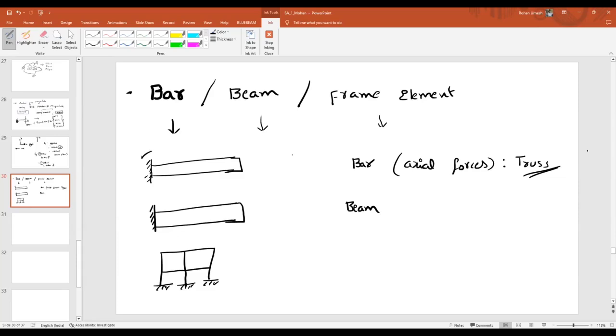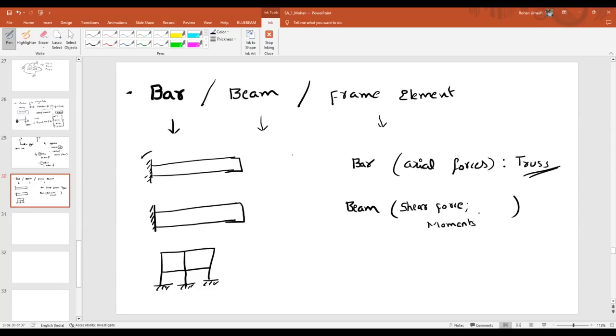And what about the beam? What are the primary resisting forces for a beam? Transverse force. For me, I can say shear force and moments. Usually, in most of the cases, we will treat beam elements as very axially rigid.